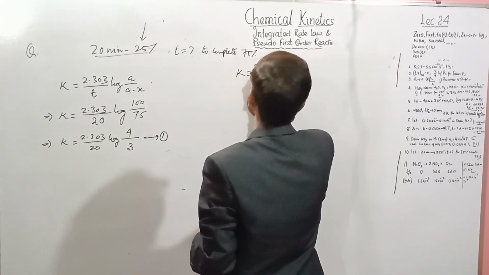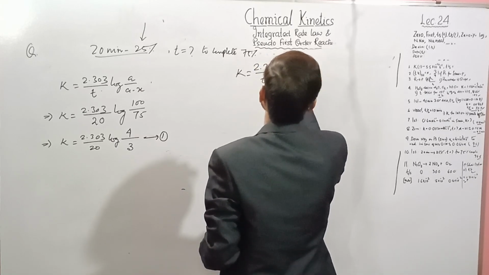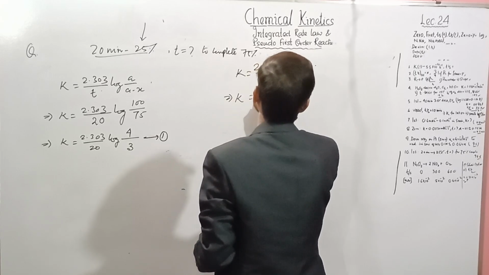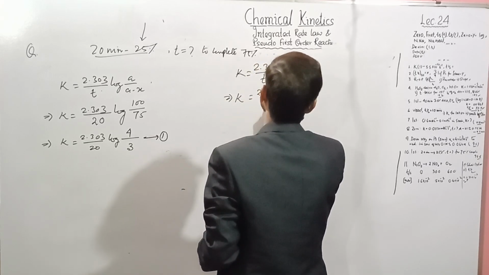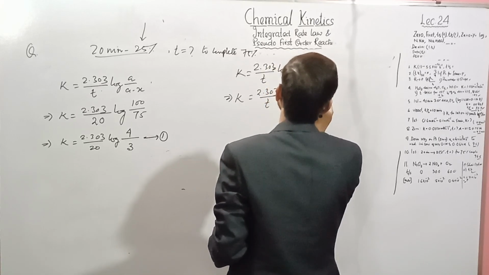So here K is equal to... if it is 100, then it is 25.